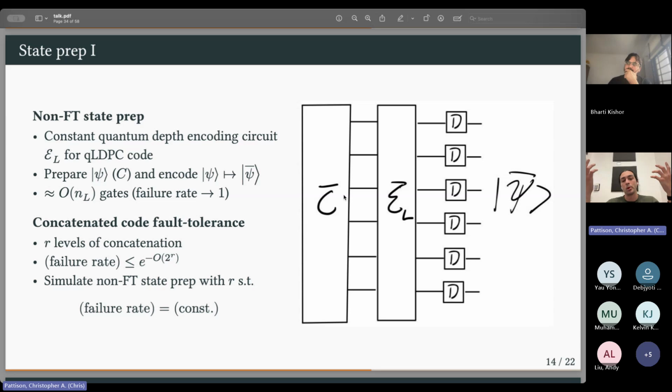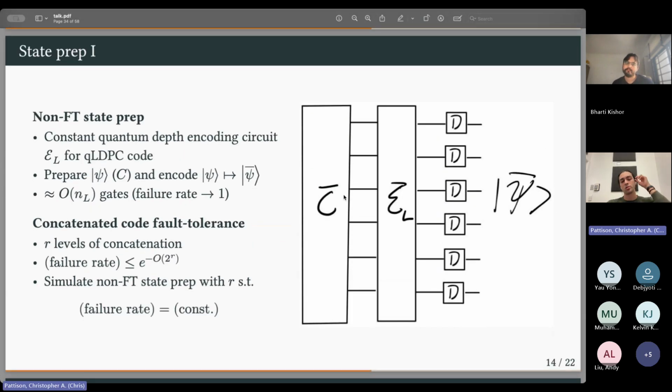So with maybe, say, probability 1/3 we fail. With probability 2/3, we successfully prepare the resource state that we want. In reality, I think the constants need to be a lot stronger than that, but you can get the idea. So we can succeed in preparing this noisy resource state.